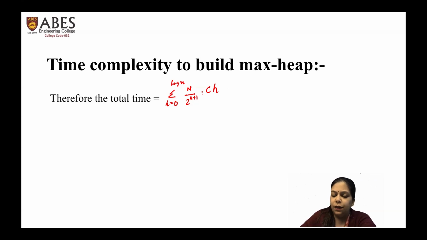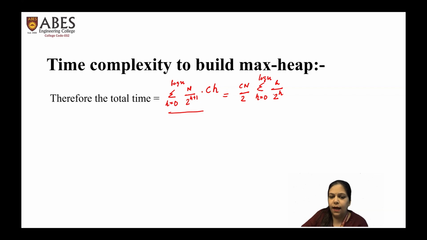We know this by the definition of asymptotic notations. Now, we can see here that C and n are constant, so we can take them out. And 2 is also constant. This is equal to summation of h equals 0 to log n of h upon 2 raised to the power h.